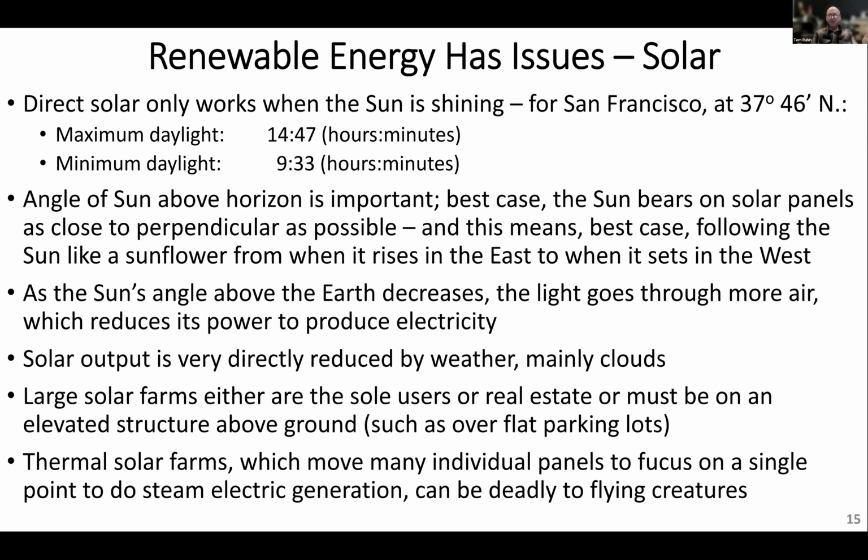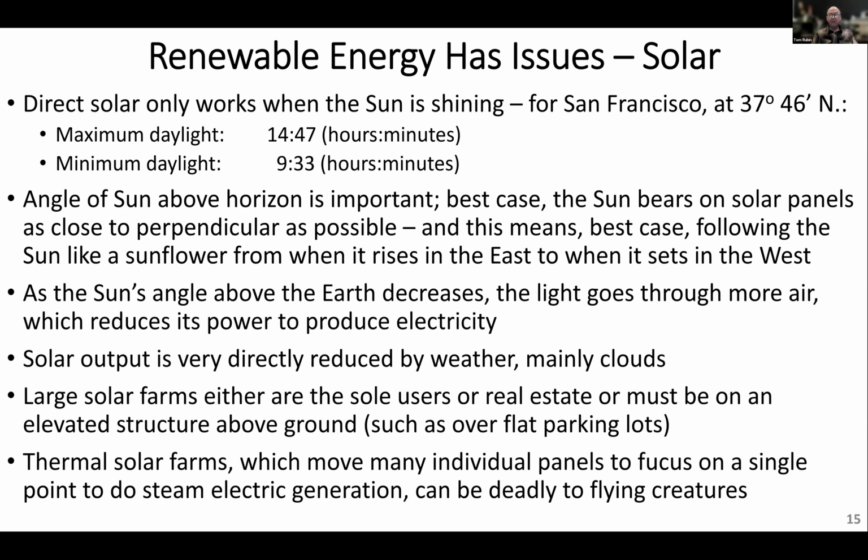So you've got the angle of the sun above the horizon, and the lower it is, the less value you have unless you can constantly reposition your panels, which some can do. But for most residential, they are fixed, and that's it. Also, the lower the sun is, the more air it goes through, and that also reduces the heat value.